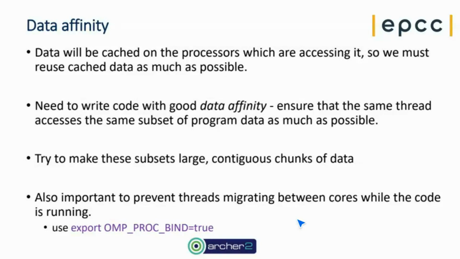On large HPC systems, that is normally taken care of for you by the batch system. But in other scenarios, and it depends on how your batch system is configured, that may not necessarily be true. So it's worth knowing about OpenMP, for example. OpenMP has an environment variable called OMP_PROC_BIND, and setting that equal to true will encourage the operating system to bind threads to cores and not migrate them around while the application is running.